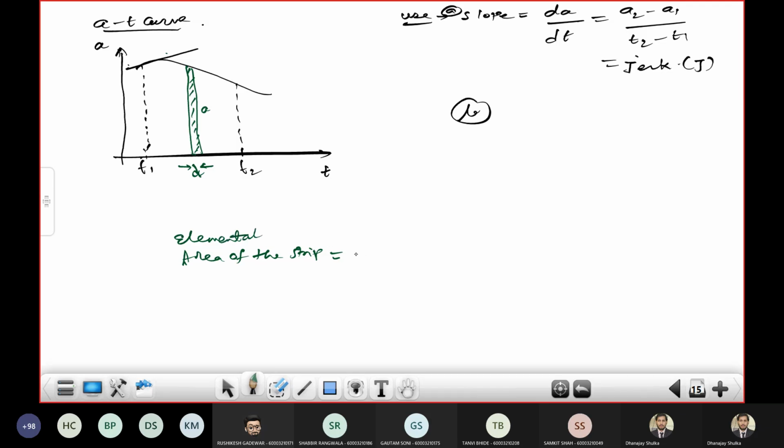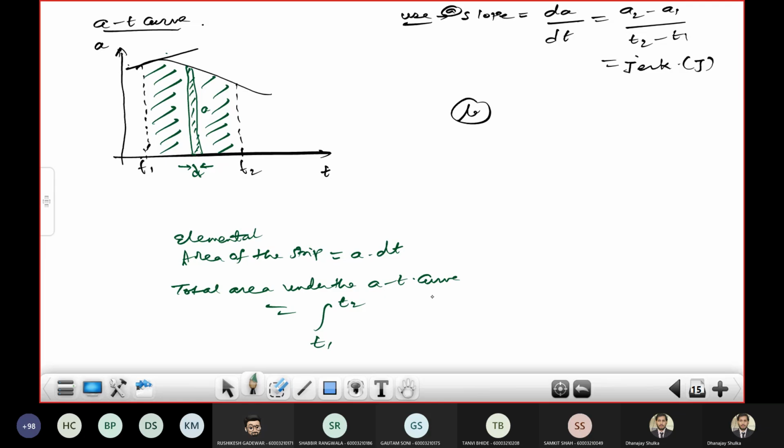Elemental area of the strip will be a into dt. So how will I get the total area under the AT curve? I can integrate a dt from T1 to T2, which is covered by this, correct na?